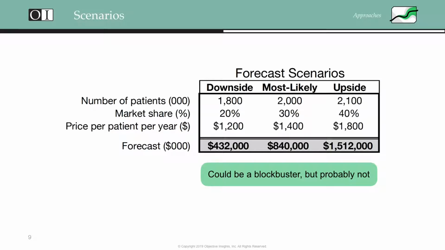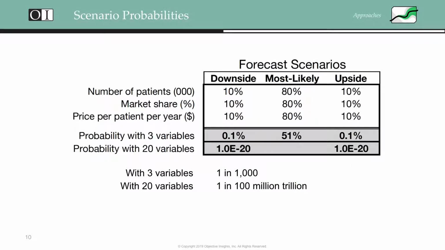Now, let's think about this a little bit more clearly. For each one of these variables, there's a probability of it being high or low, or in other words, ending up in the downside or the upside case. So let's just say it's 10% for number of patients being downside, 10% upside, 80% most likely.